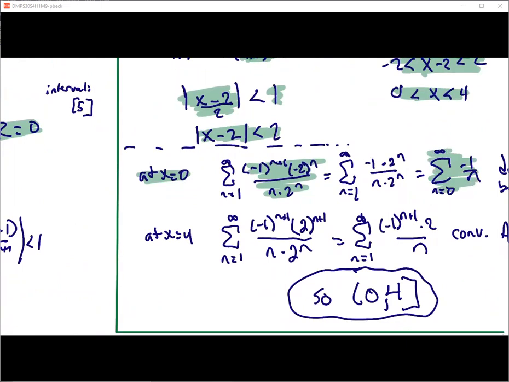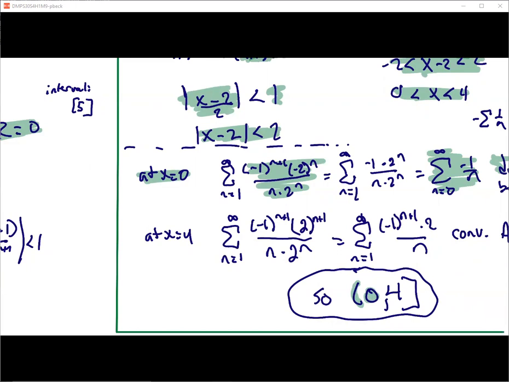Now, I'm not sure why that got cut off on the page, but the sum of negative 1 over n is divergent. That's a p-series divergence, so we have divergence. So what that tells me is at 0, I diverge. Therefore, I am going to have an open bracket at x equals 0.